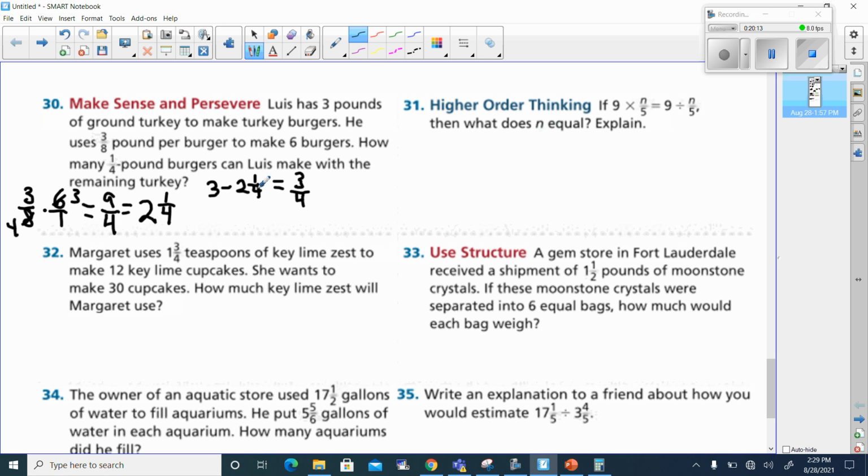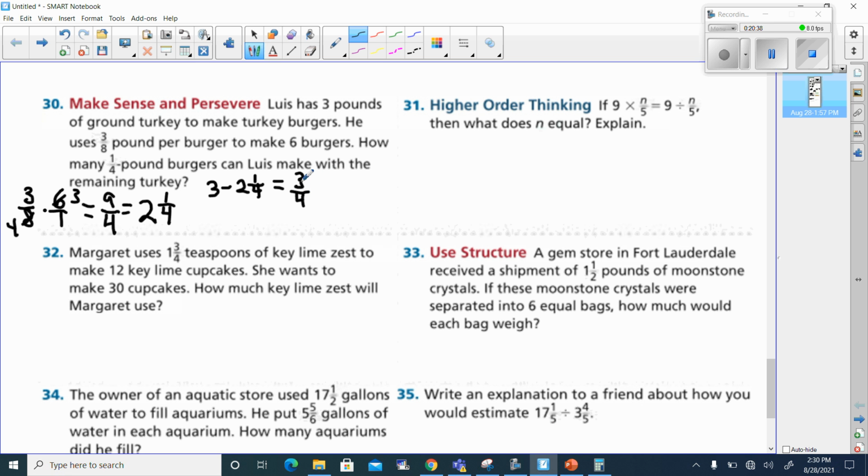And for those that find that hard to believe, remember, 1/4 plus 3/4 equal 1. And that 1 more would be added to 2, and that would be the 3. So since we have 3/4, that tells me there are 3 1/4 pound burgers, because 3/4 divided by 1/4 would give me 3, right?